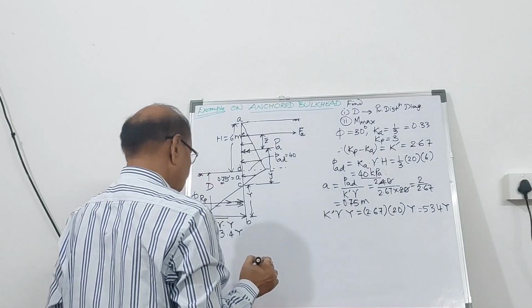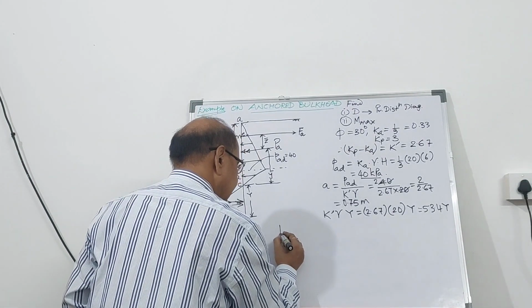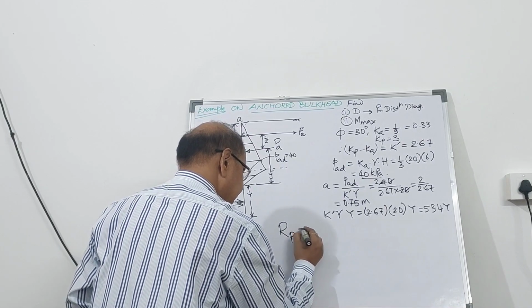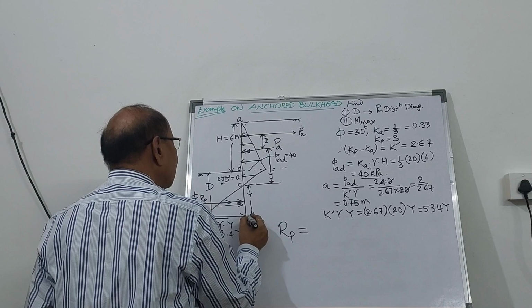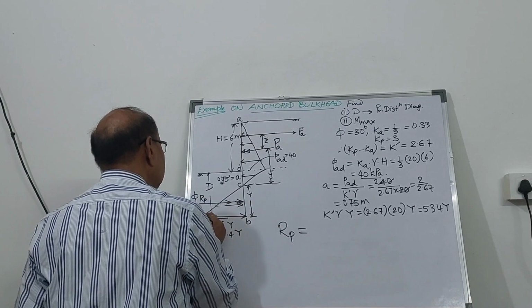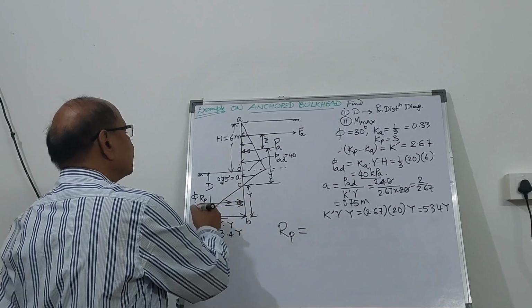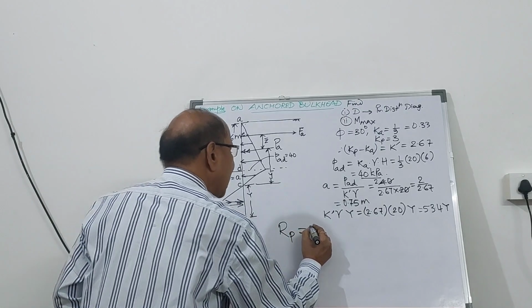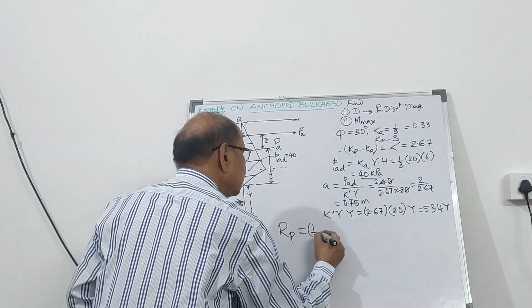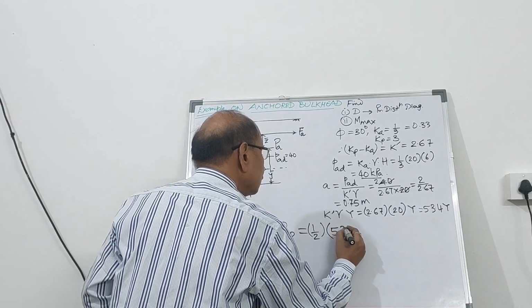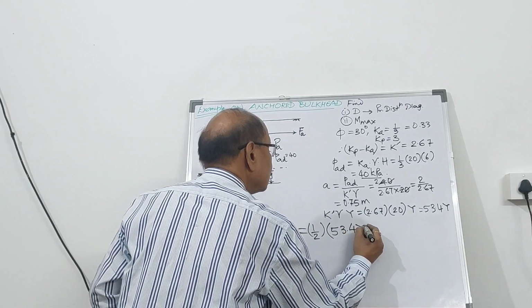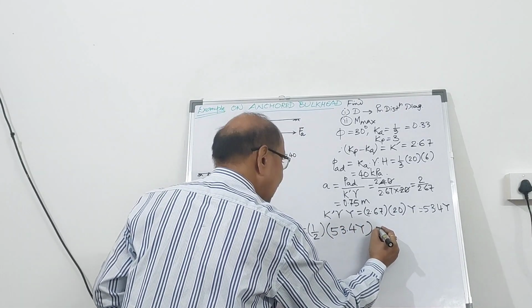Now, RP you can calculate it. The resultant of this passive force. That means the diagram BCB1, its area will be half into base into height.